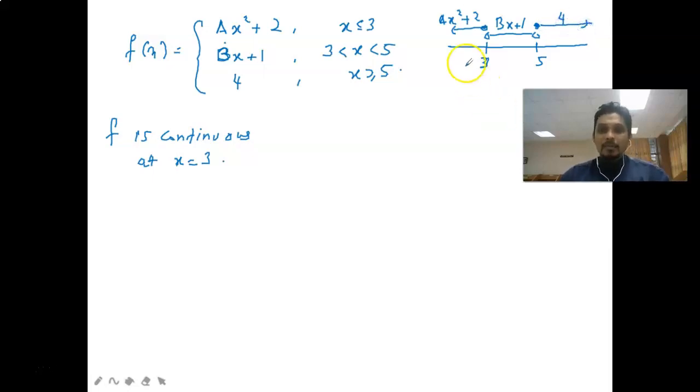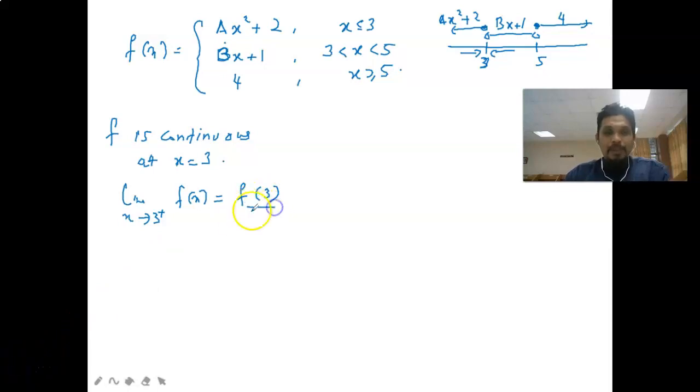So we look at this when x approaches 3 from left and right. The limit of x approaching 3 from the right of the function f(x) equals f(3).